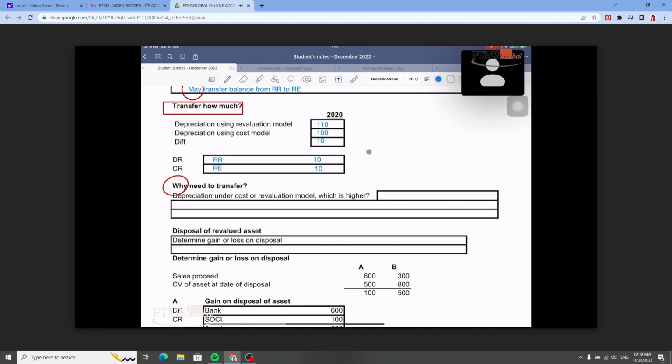Okay, next is why you need to transfer. If you are interested in why you want to pass this double entry, I will show you why. Actually, you already know why. Let me just fast forward. This double entry is actually a solution.